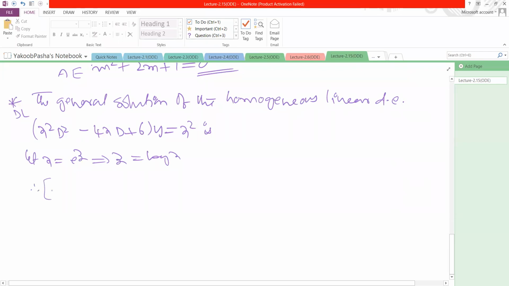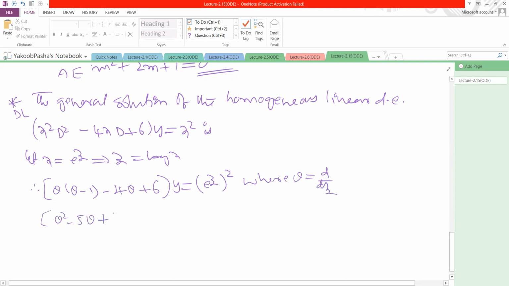Therefore, I am writing directly here: theta into (theta minus 1) minus 4 theta plus 6, into y is equal to x square, that is (e power z) whole square, where theta is d by dz. So here (theta square minus 5 theta plus 6) into y is equal to e power 2z.